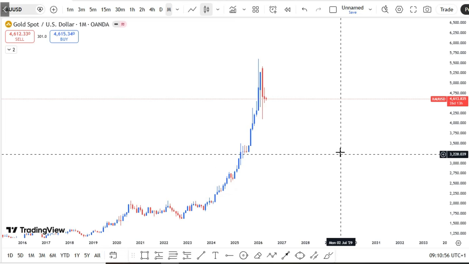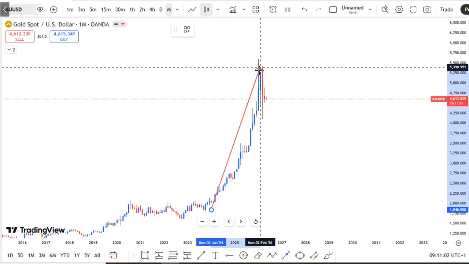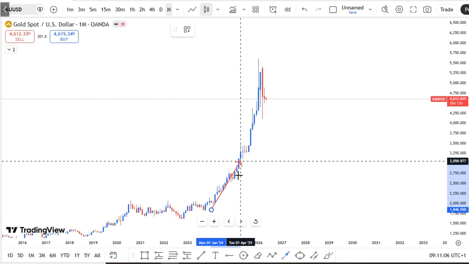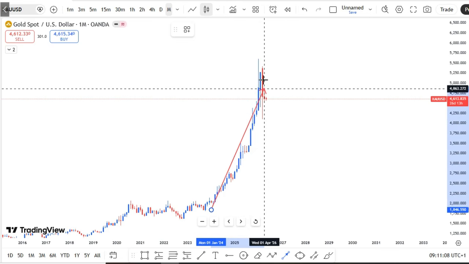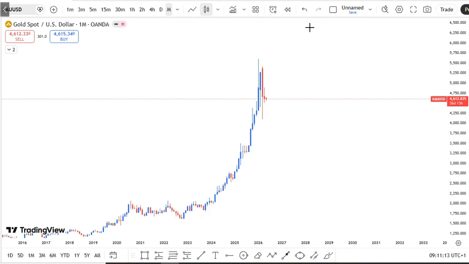So this is a monthly time frame, and looking at it, you can see that we're still very much bullish on the monthly time frame, with bearish retracement to continue with the bullish move.